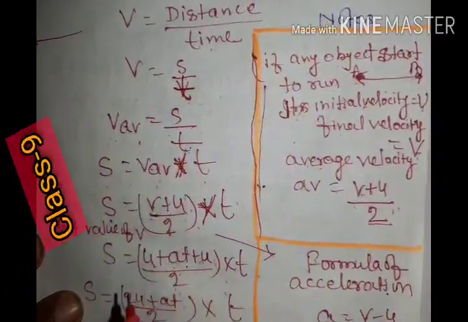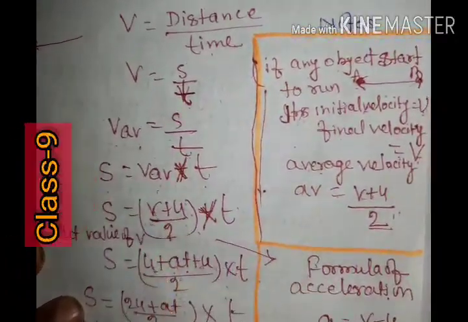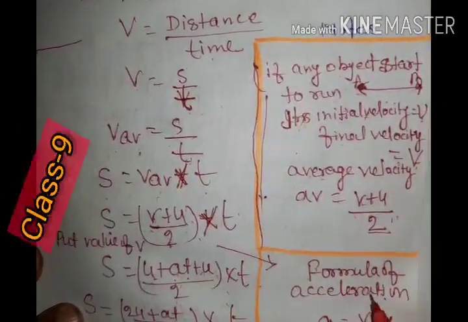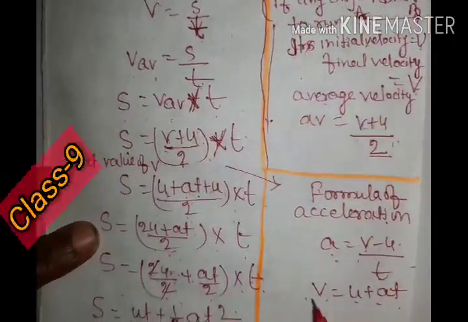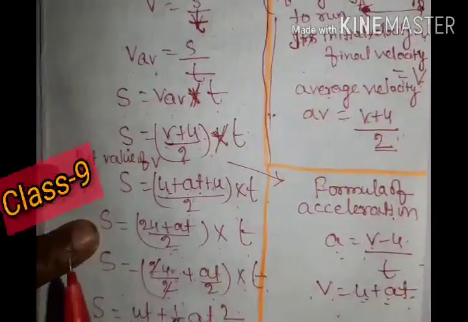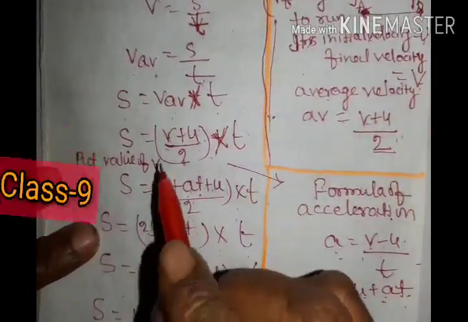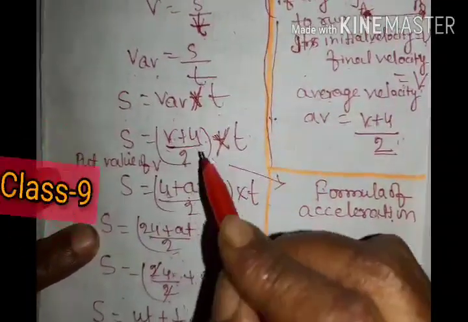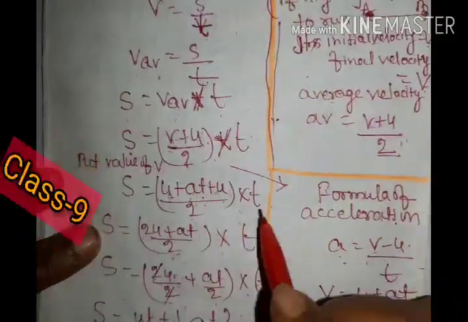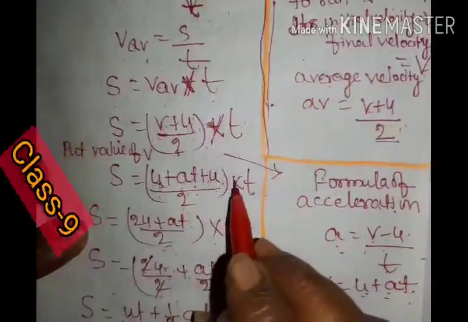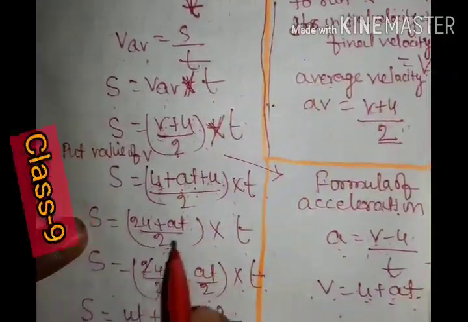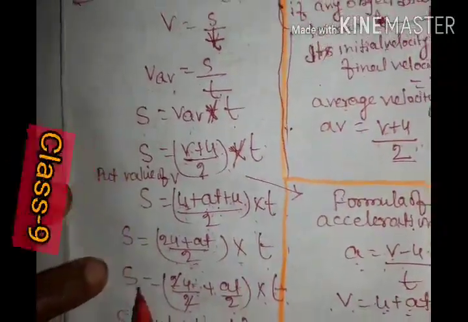The value of v we put from the acceleration, a is equal to v minus u by t. So v is equal to u plus at. Putting it in, S is equal to u plus at plus u by 2 into t. So 2u plus at by 2 into t.